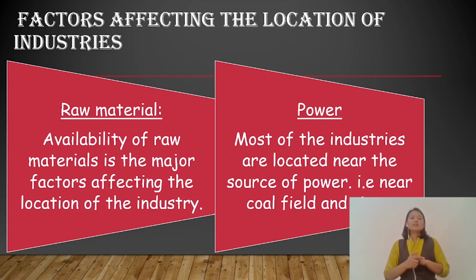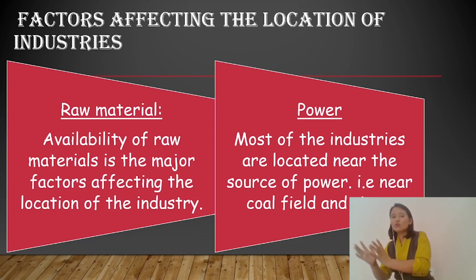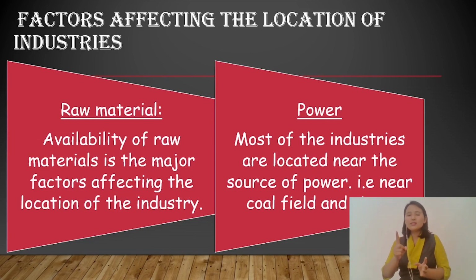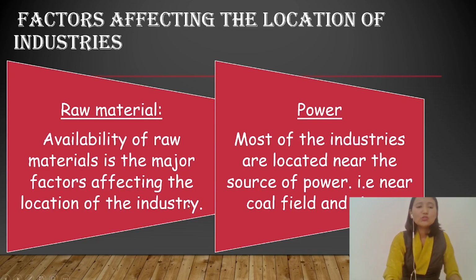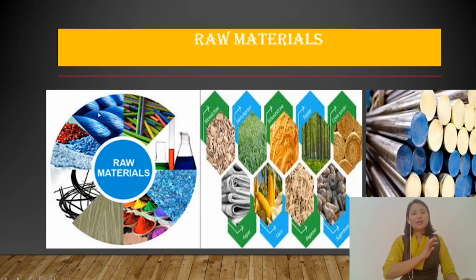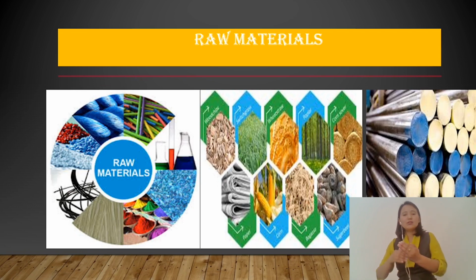First and foremost, the most important thing that is needed is raw material. Industry should be set up where there is raw material, because raw material is the first input to make finished goods. So raw material can be anything, right? It depends on the particular industry.